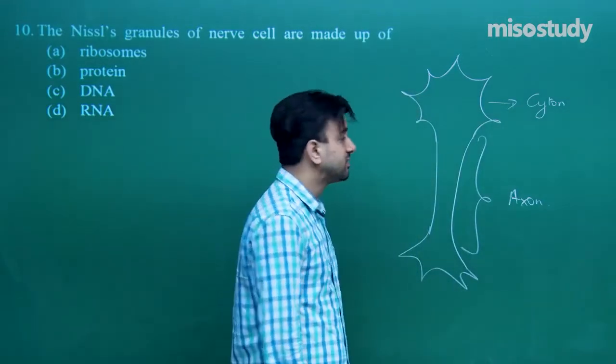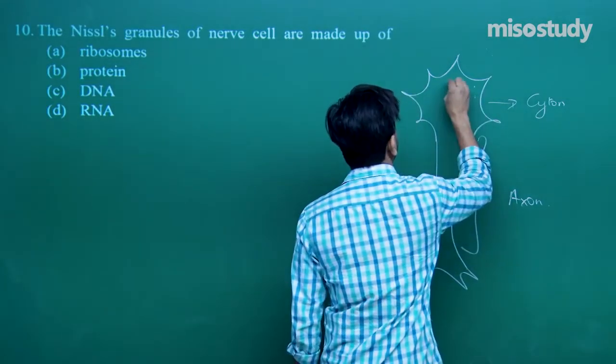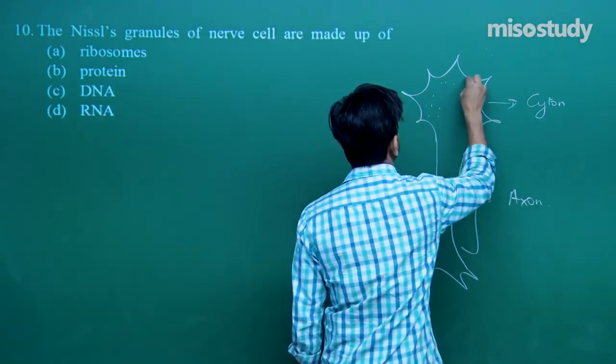Now what we will see over here, in this cyton, there are these Nissl granules.